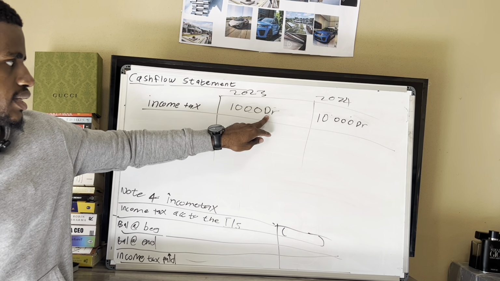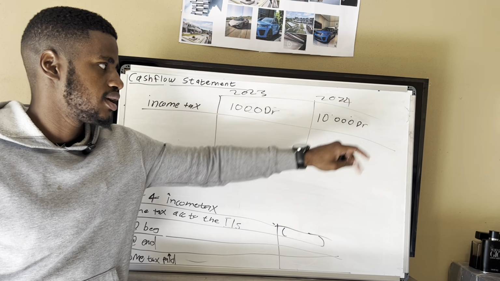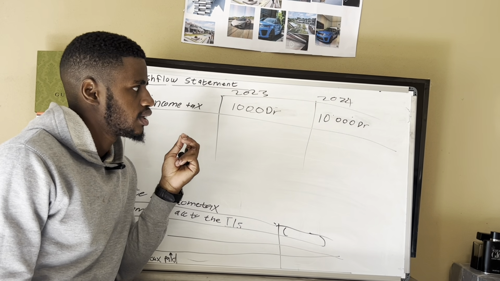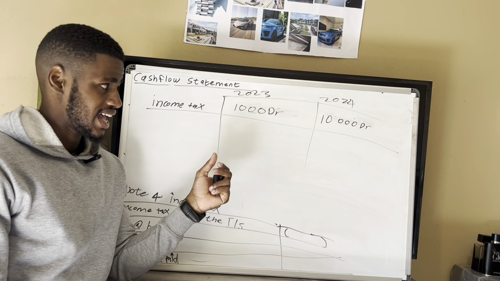Sometimes they can say DR, which is debits or debtor, or sometimes they can say credits, but in both of these I just said debtor for the purpose of firstly making you understand.